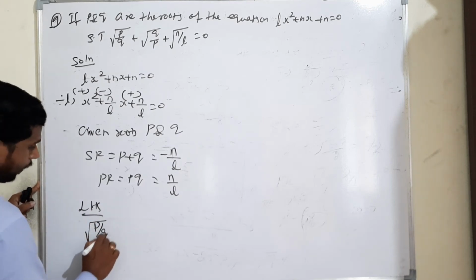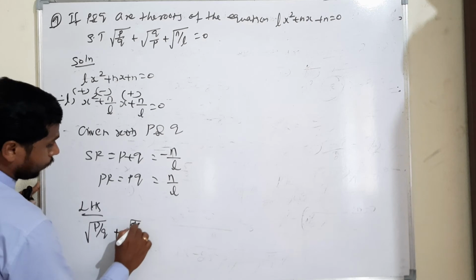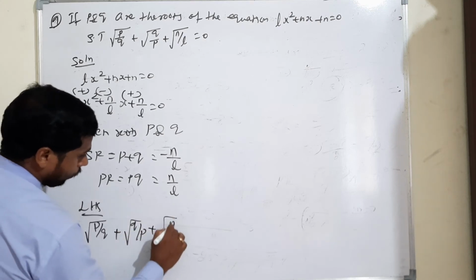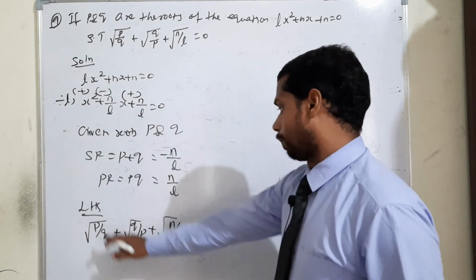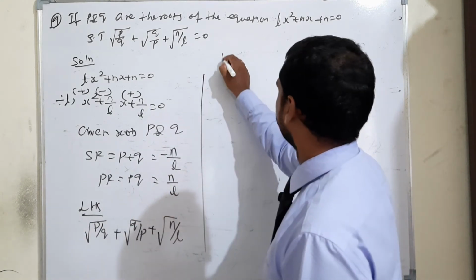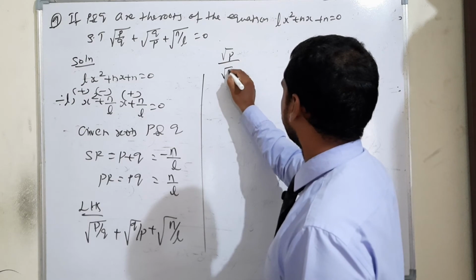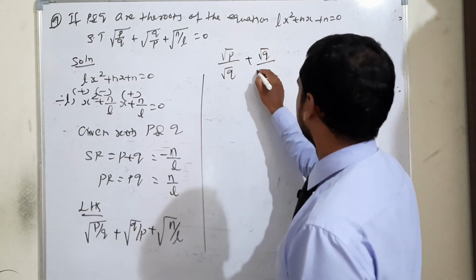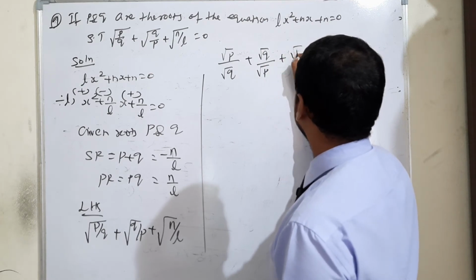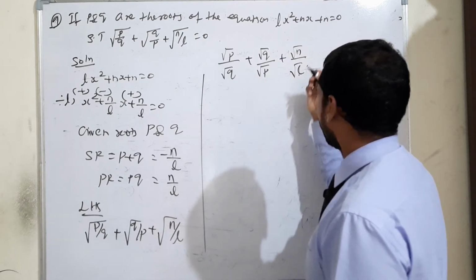Root p by q plus root q by p, then root n by L. To separate the roots: root p by root q, plus root q by root p, plus root n by root L.